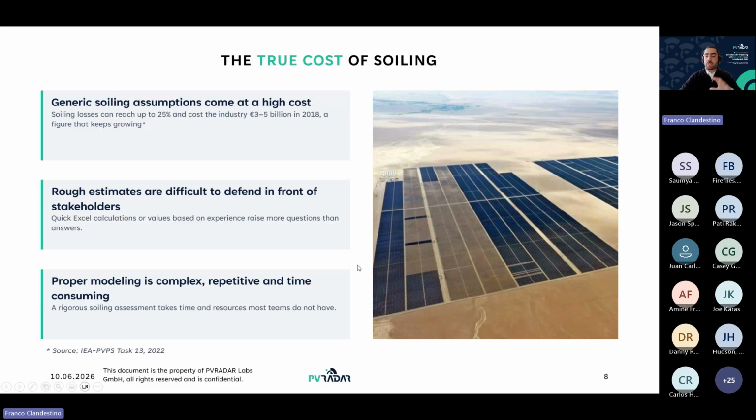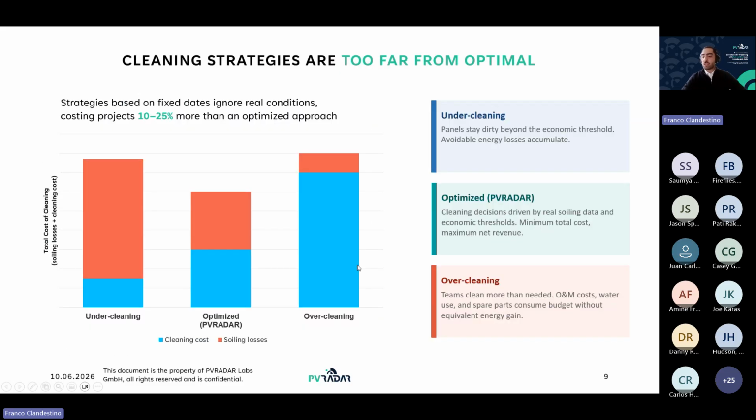This is the problem from the point of view of soiling, but there is also room for improvement regarding the cleaning strategies that are defined today. And in general, from our experience in PVRADAR, we have seen that cleaning strategies are really far from optimal. Some organizations tend to believe that just cleaning is enough, so setting regular cleanings from once to twice per year. But every project is a different world.